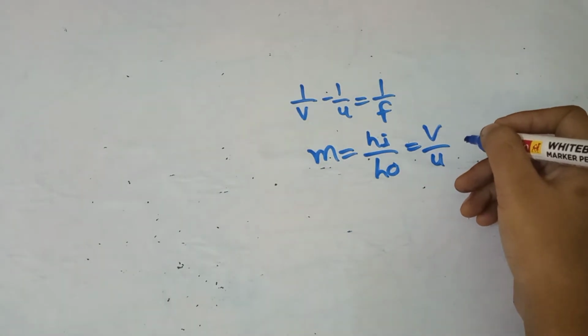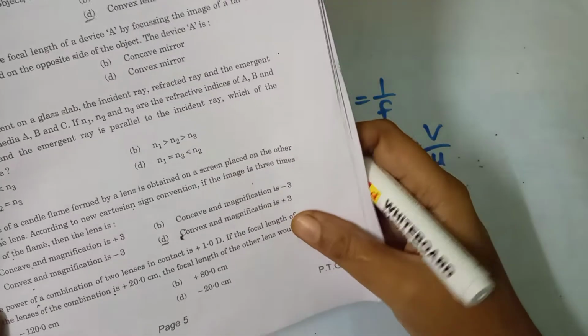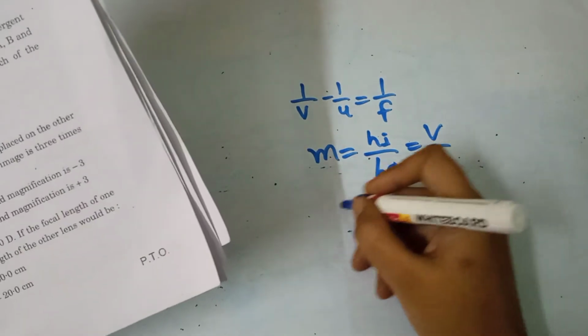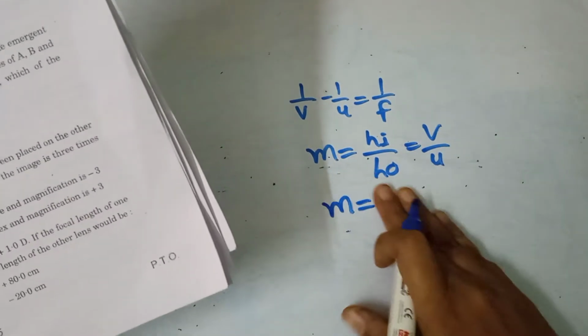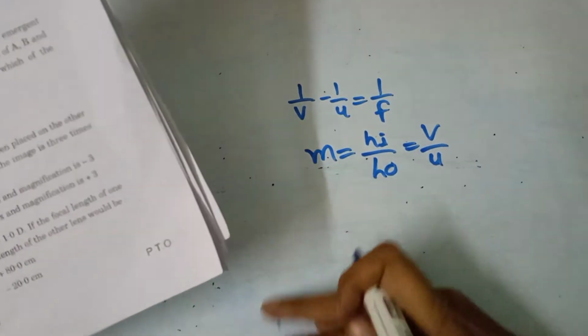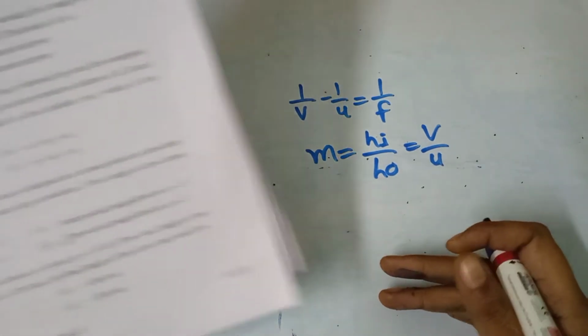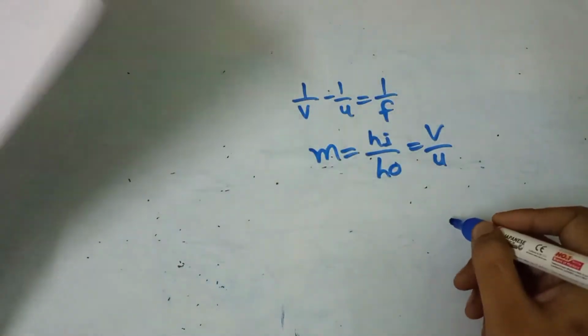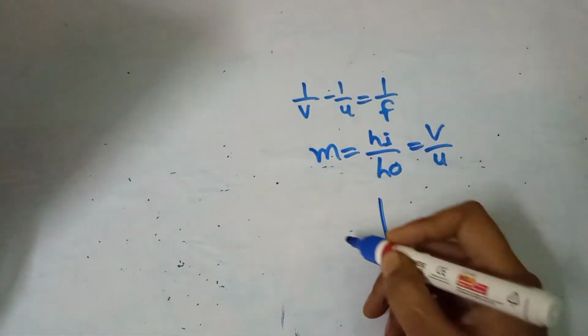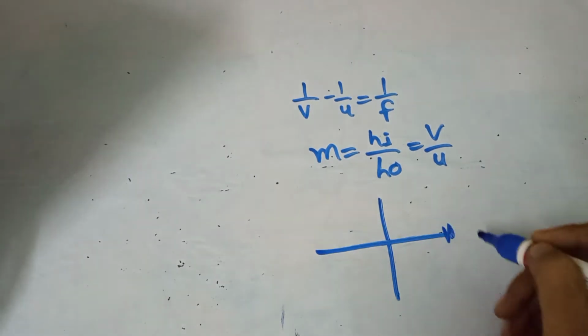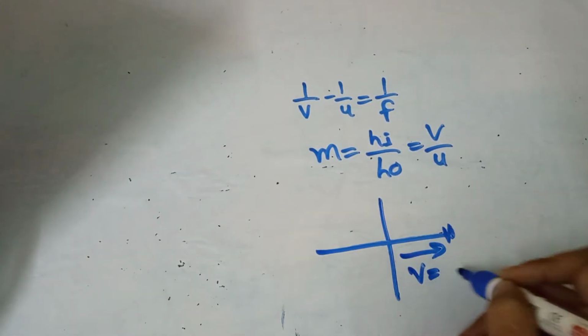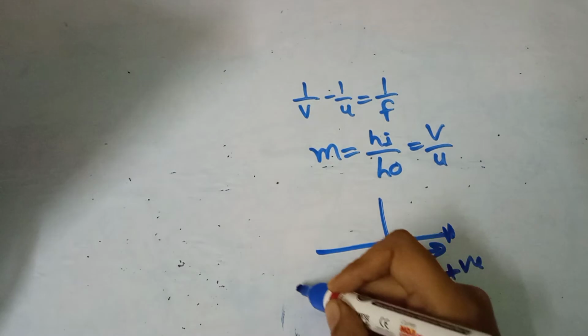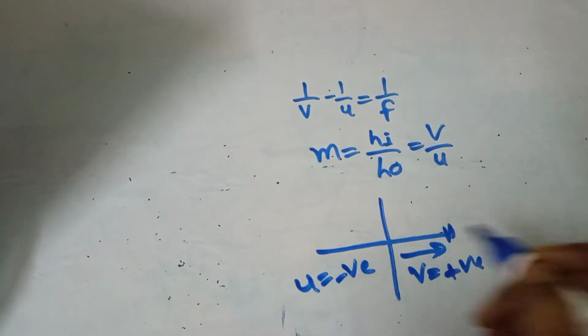In this question they have given the image of the candle, magnification is equal to 3, but they also mention that the image is formed on the other side, so V will be positive while U is negative.